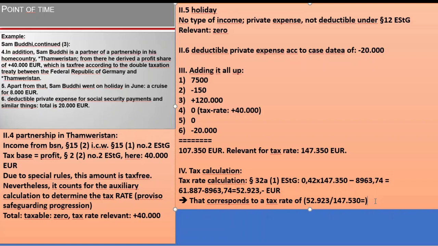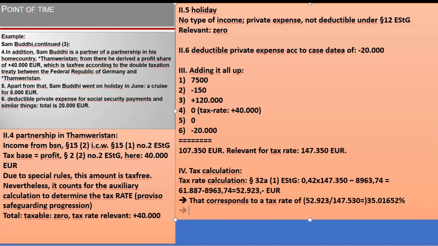And this is 35.91652%. There is probably a rule how you have to round this down, but I take as many digits behind the comma as I can find to be as exact as I can.